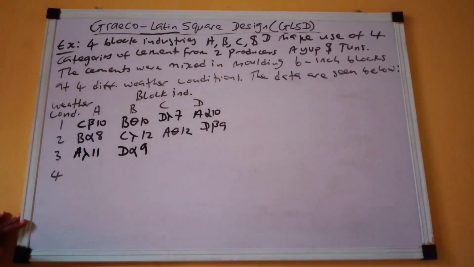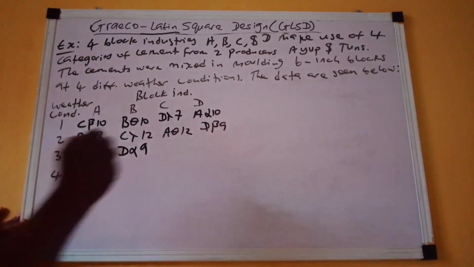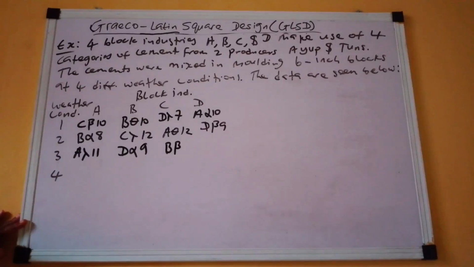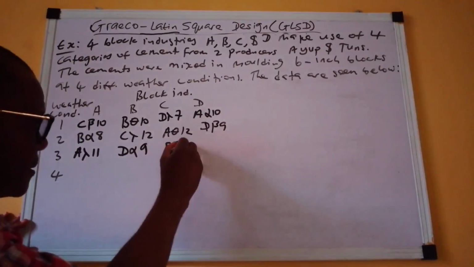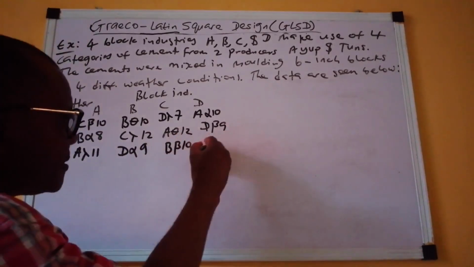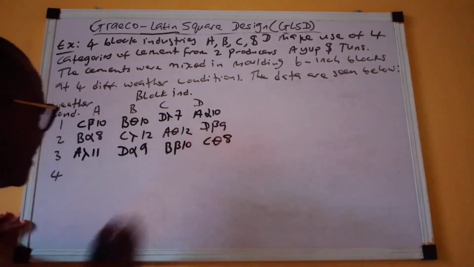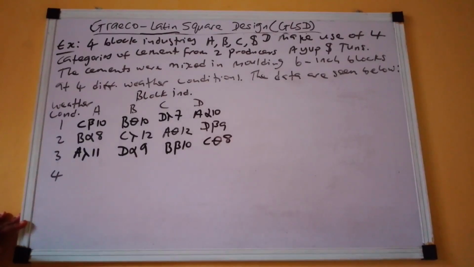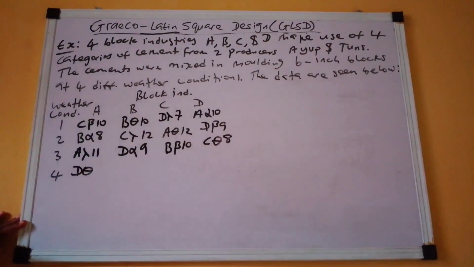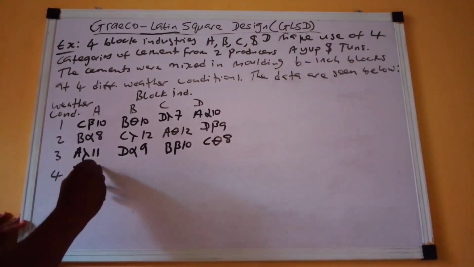Then the next one, we have B beta, and that is 10. And the last one there is C theta, and that is 8. Then for the fourth weather condition, we have our D theta, and that is 13.